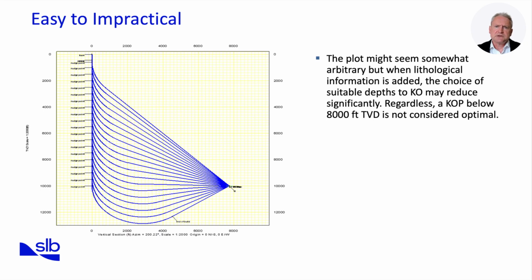Engineers aim to select trajectories that are rational, simple, and aligned with natural geological tendencies rather than opposing them. Ultimately, practicality is determined not just by geometry, but by the integration of mechanical, hydraulic, and reservoir considerations alongside cost and safety constraints. This ensures the design is executable in the field and optimized for completion and production phases.